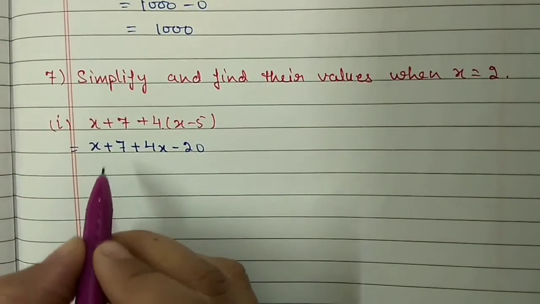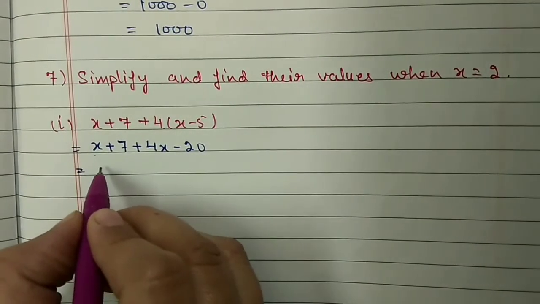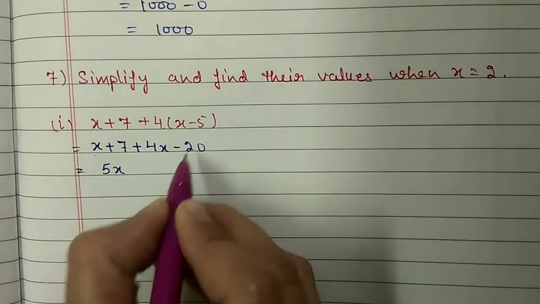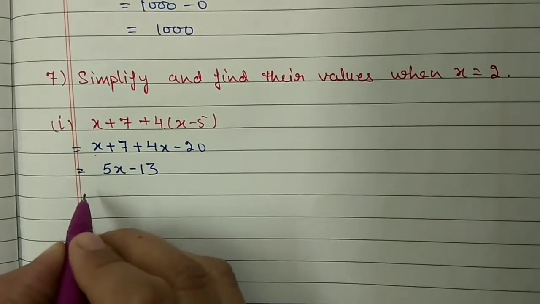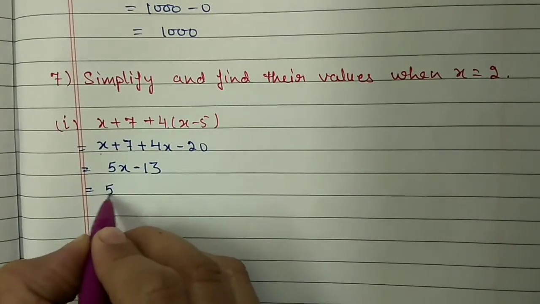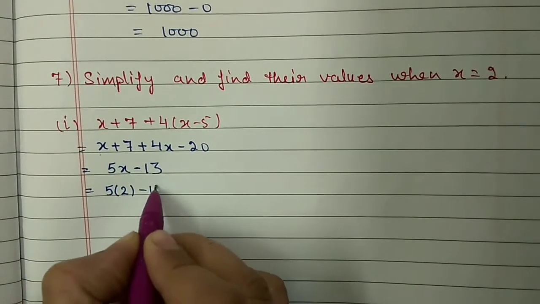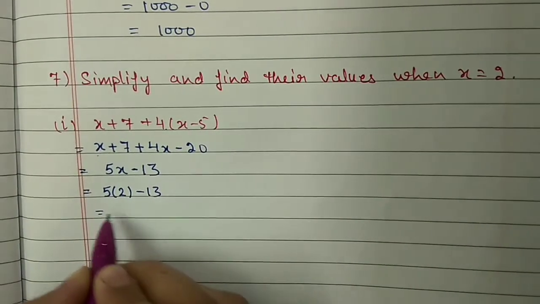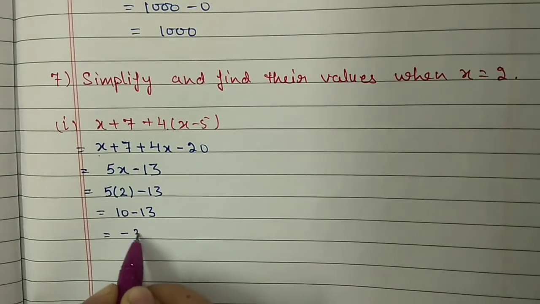Now like terms we can add: x plus 4x will become 5x, and 7 minus 20 will become minus 13. After this, now we can substitute the values. 5, x value is 2, minus 13, and 5 into 2 will become 10. 10 minus 13 is equal to minus 3.